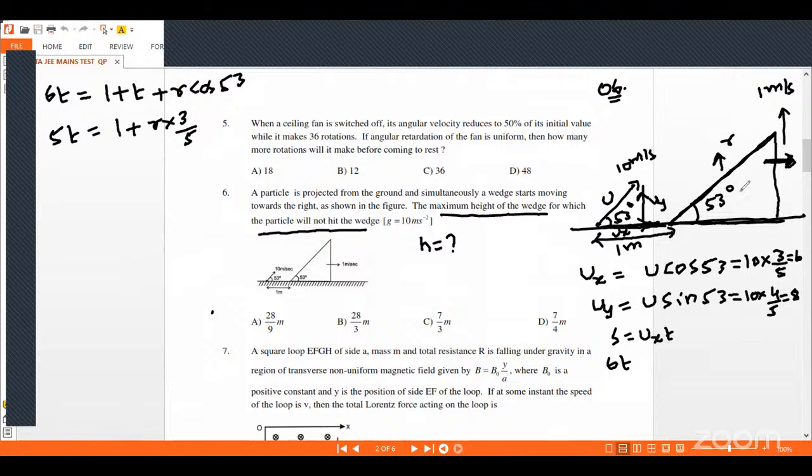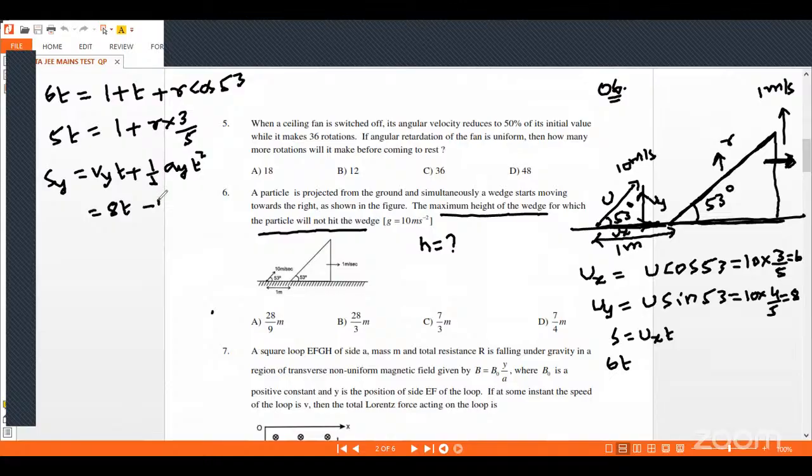Similarly, along the y direction, I'll find Sy equals uy into t plus half ay into t square. uy is 8. Since it is projected up, ay equals minus g, that is minus 10.